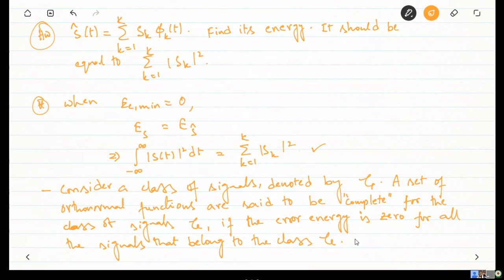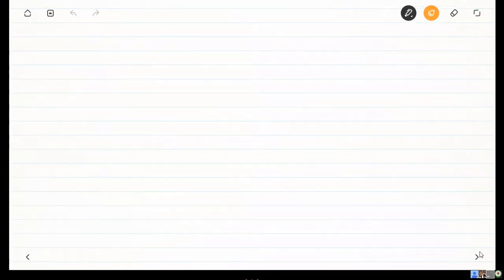Consider a class of signals denoted by C, and that is a calligraphic C, and a set of orthonormal functions are said to be complete, or the set of orthonormal functions said to span the class C if the error energy is 0 for all the signals that belong to class C. Okay, so the better way to explain this is to consider an example. So let's consider an example.